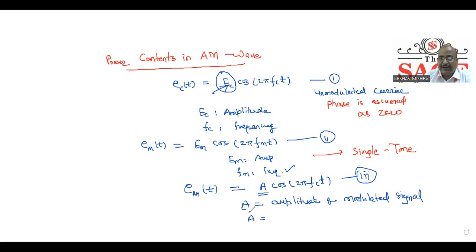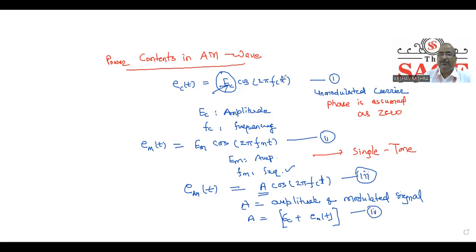This A is basically Ec made proportional to the modulating signal Em(t). This is equation number 4.